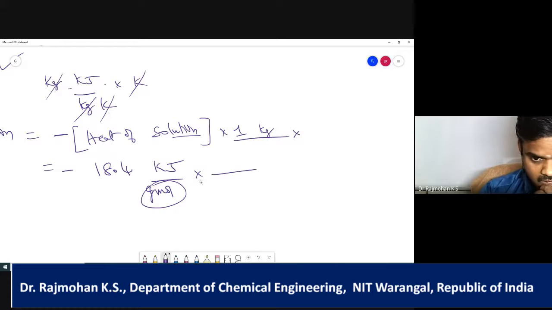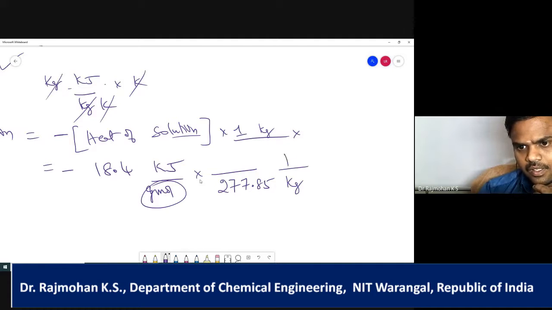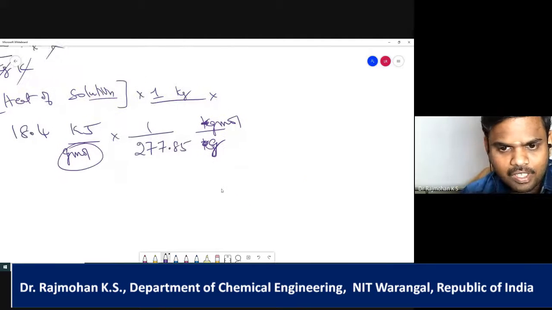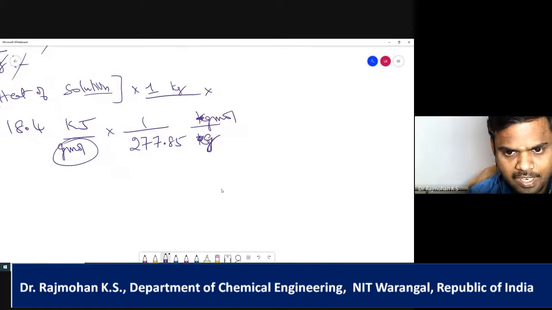What is the molecular weight of the crystal? 277.85 kg per kg mole. If I have to consider kg to grams, we have to multiply by 1000. I'll do it in two steps to make you clearly understand. If you multiply by 277.85 gram per gram mole, don't confuse this here.